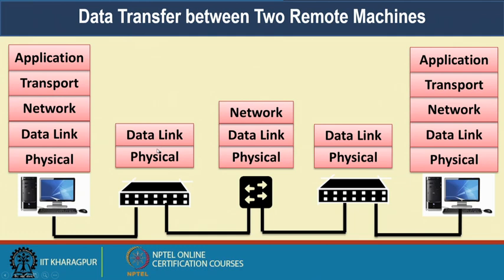Now, as we have already discussed, these intermediate devices open up the packet up to the layer for which they are enabled. In other words, in the whole stack, the application data goes to the transport layer as a payload, then with the header goes to the network layer as a payload, then the data link layer and the physical layer. When it comes to the layer 2 switch, which understands the data link layer, it opens up to the data link layer, sees where it needs to be forwarded, and passes it on, and so on, so long as it has not reached the end systems.